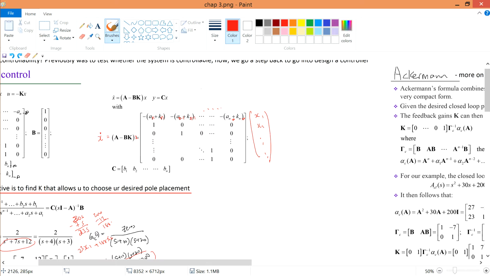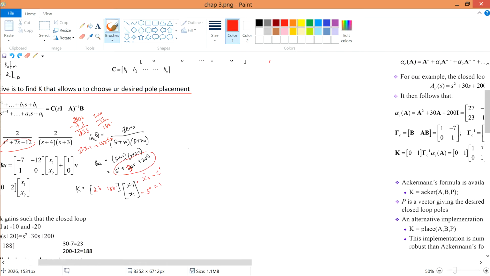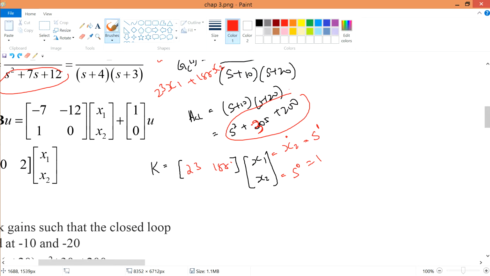By right, the closed loop system x dot is equal to minus 30, minus 200, 1, 0, times x1 and x2. This is the form for a closed loop system, your desired closed loop system, because this minus 30 and minus 200, if you find it familiar, is coming from here.